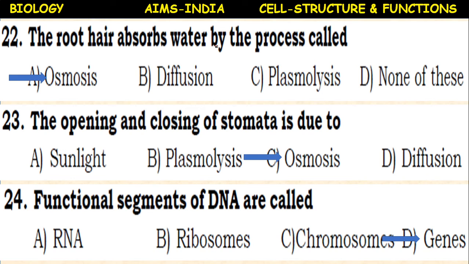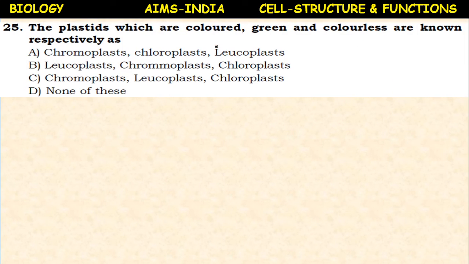Actually in the nucleus, the chromatin material, chromosomes are present. On the chromosomes these genes are present. These genes are nothing but segments of DNA which carry the hereditary information. All the functions of the cell depend on that information only.